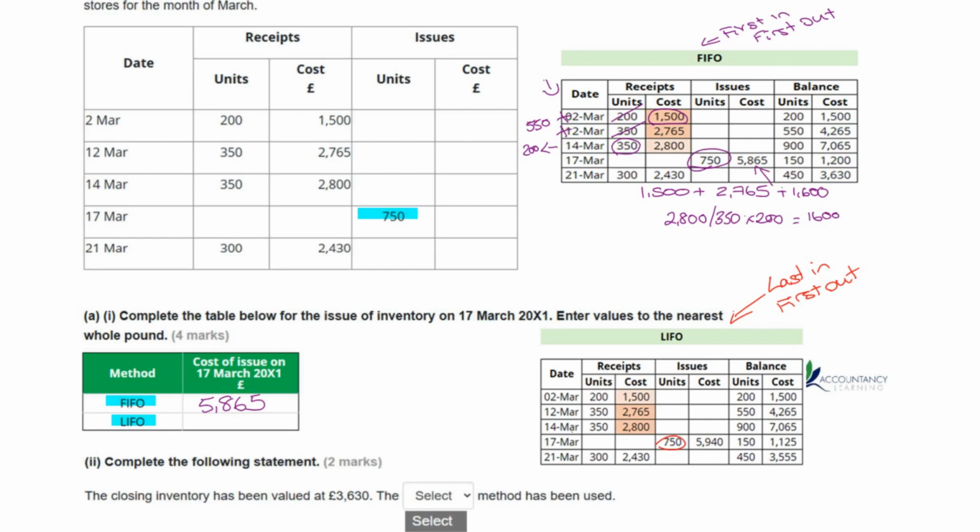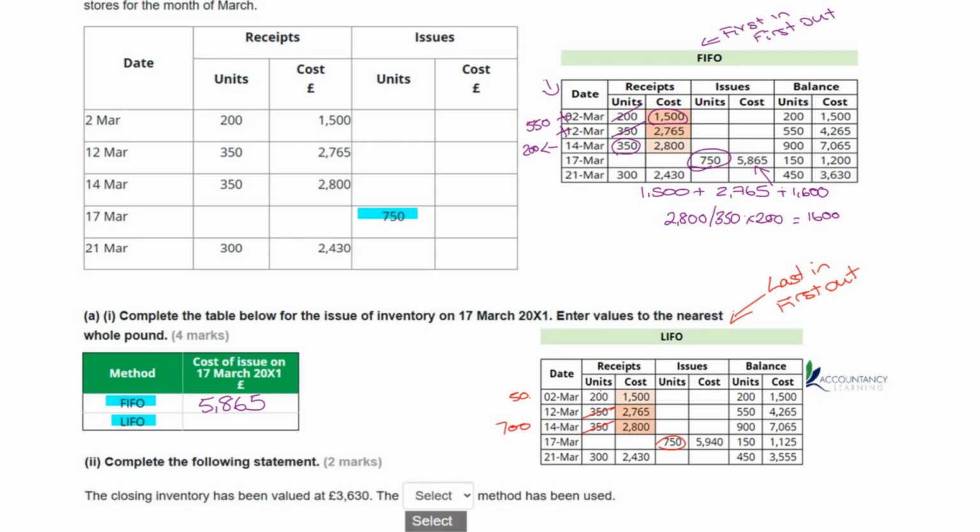The last lot that came in was the lot on the 14th of March. So we're going to take that in total. We then go back again, 350 on the 12th of March. So that then gives us 700 in those two. And now we need to step back again to take 50 from the 200. So from that first receipt on the 2nd of March, we're taking 50 from that 200 units.